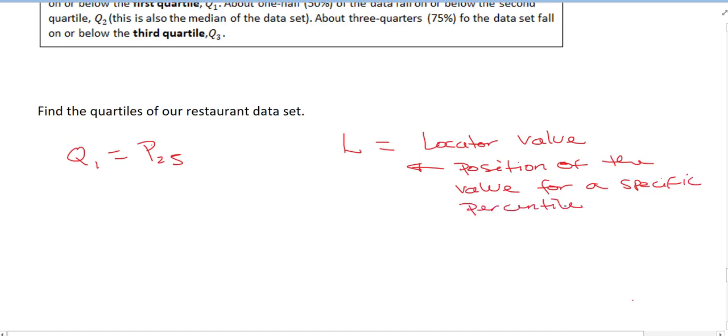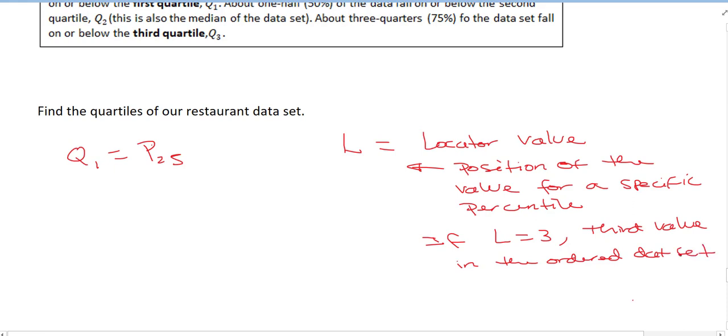And so, for example, if L is equal to 3, this means this is the third value in our ordered data set.